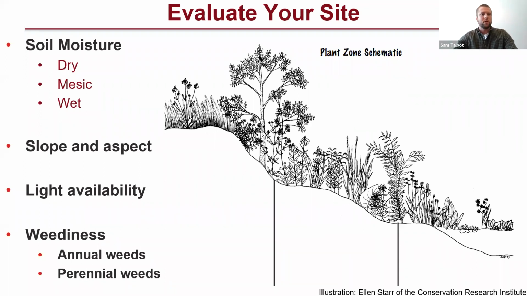Light availability, as I mentioned, and then weediness. Knowing which ones are annual weeds and perennial weeds is really, really helpful. There's information on the Minnesota UMN Extension website to ID those. Because the more you remove those weeds in the beginning, the easier it is when you go to install and maintain your prairie.